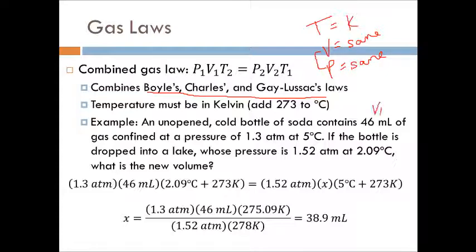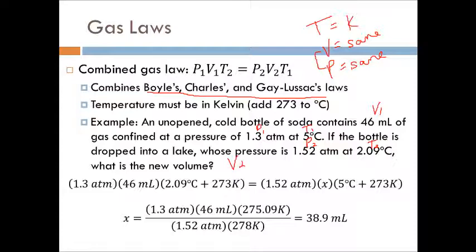All right, so this is our V1 here with 46. P1 is 1.3 and T1 is 5. Okay, instead of being doubles this time or a pair, you're going to have triplets. All right, so P2 is the 1.52. T2 is the 2.09, and we're looking for V2 here.